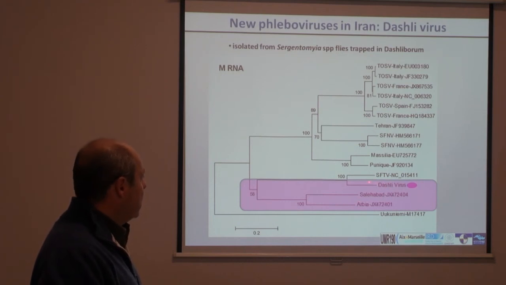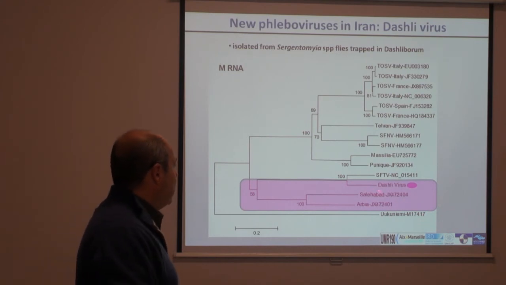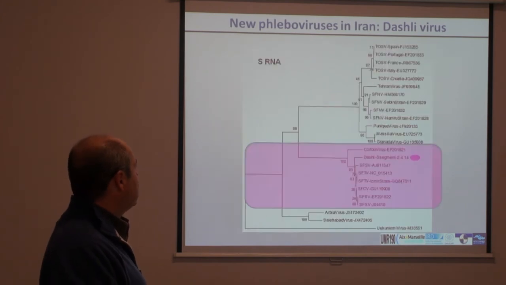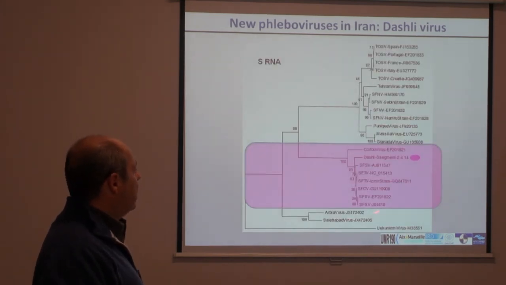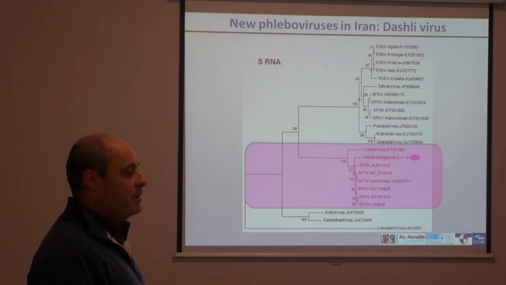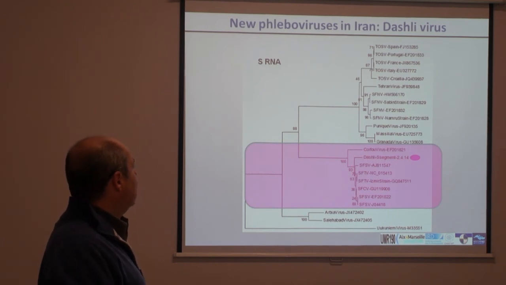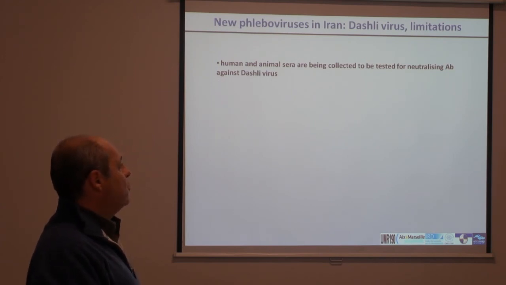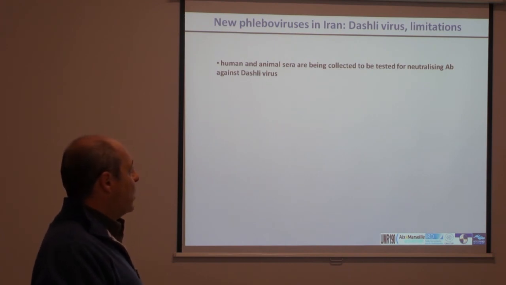I'm sorry, because the rectangle has shifted a little bit, so Dashli is closely related to sandfly fever Turkish virus, and in the sRNA the virus is also in the same region, so no reassortment, no recombination. Human and animal sera will be collected this year to be tested for the presence of neutralizing antibody against this newly discovered virus in Iran. Collection has started now.